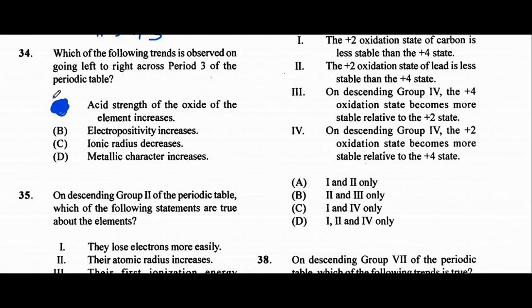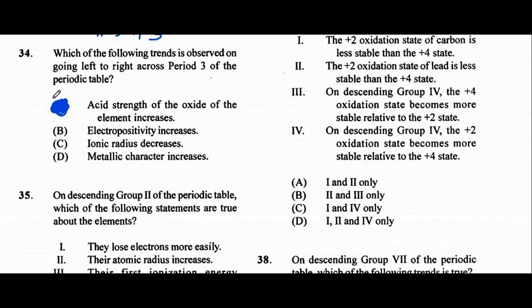All right, as you go across the period, you have first the metals, and those will lose an electron in order to form a cation. Yes, they get smaller, but when you get over to around period 6, they start accepting electrons and forming anions.